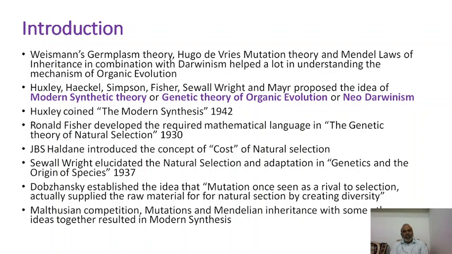These genetic changes occur as variations because of mutations, and those mutations which are favoring or which have adaptive value are selected by natural selection. Not only nature is causing evolution, but also other forces are there. Such forces may be gene flow or others we are going to discuss in detail in the coming slides.